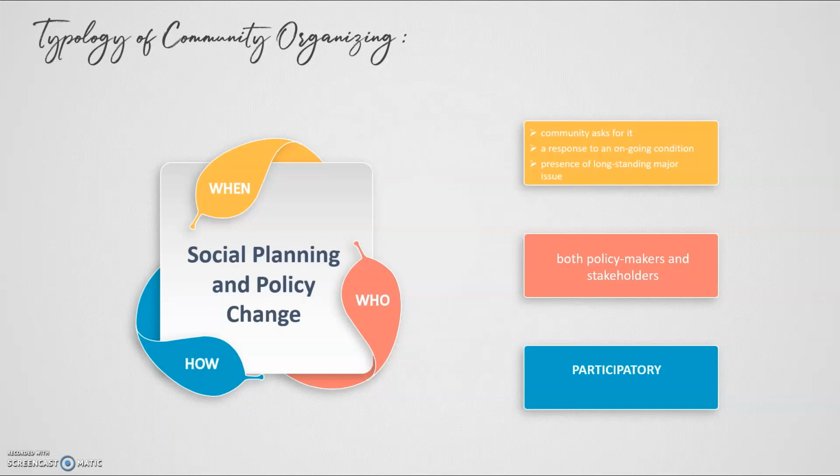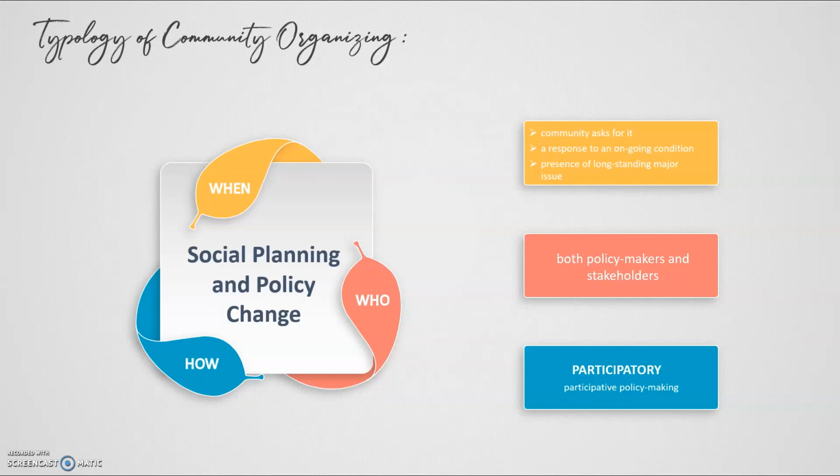Now, social planning and policy change involves different levels of participation from many people. It involves the participation of the policymakers, of course, the community members, which are the stakeholders, as well as the expertise of people from outside the community.